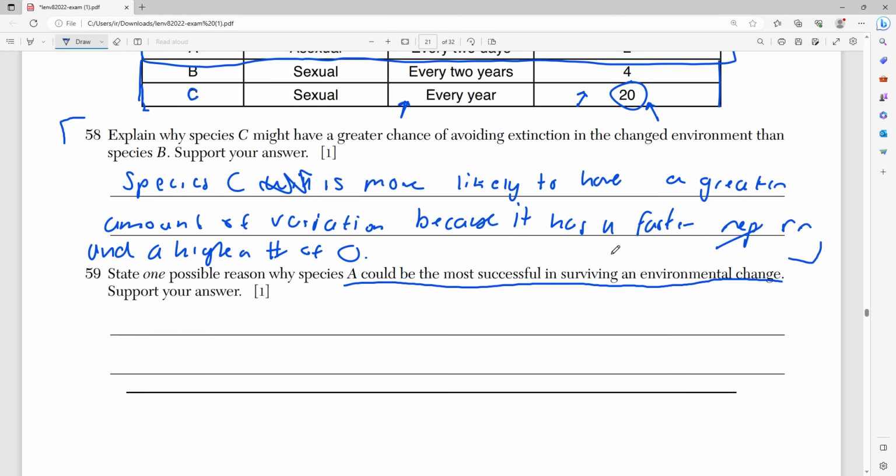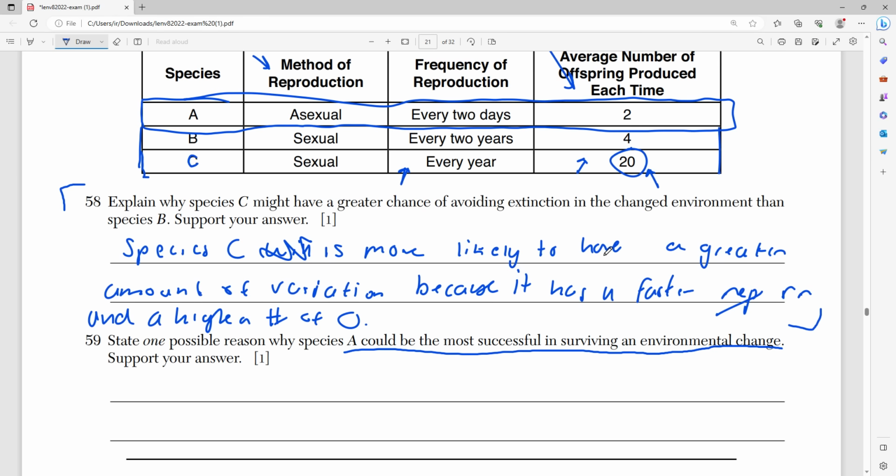The number of children they'll have in 1 year is going to be way greater than what B and C can have, right? So I think the biggest thing we can focus on right now to solve this problem is the fact that they reproduce asexually and that they produce identical offspring, right?